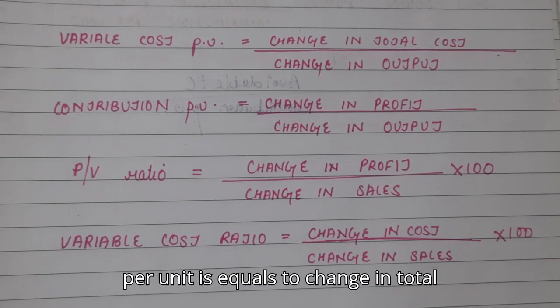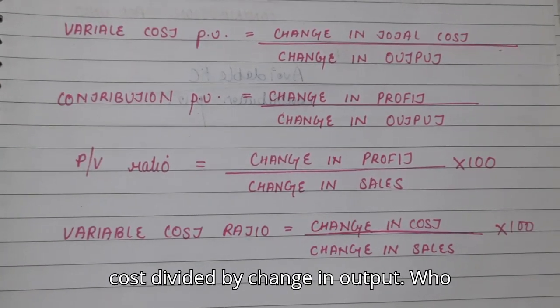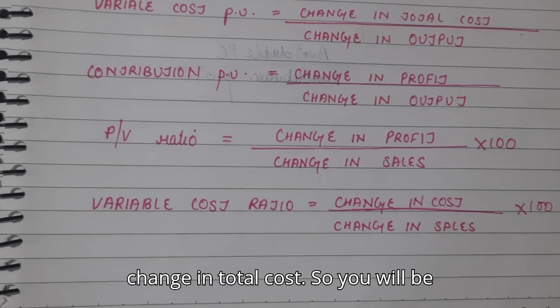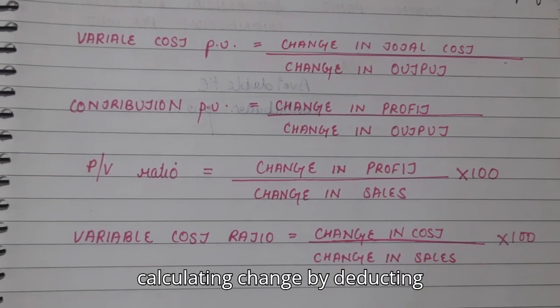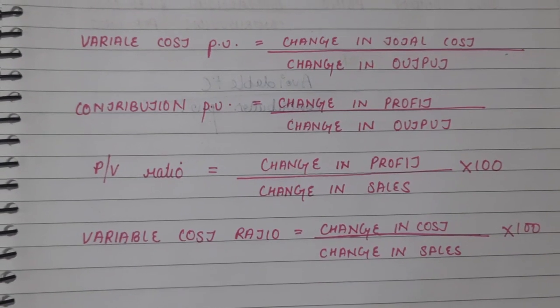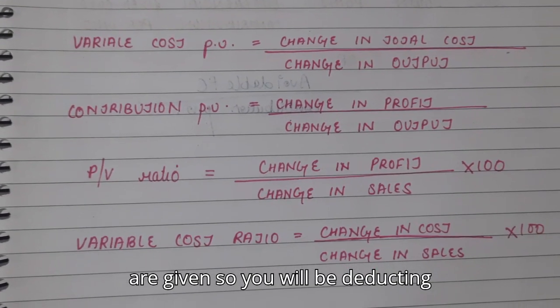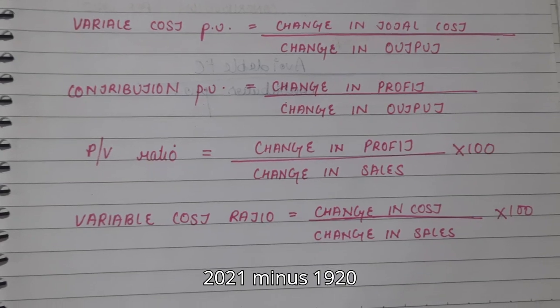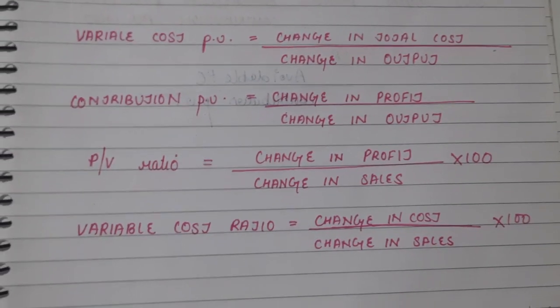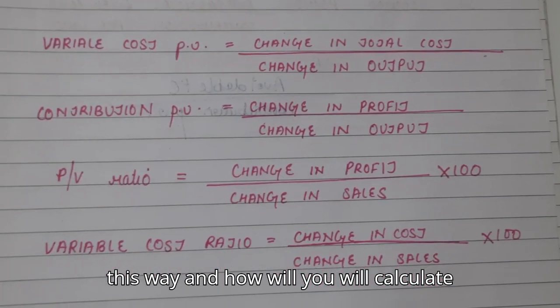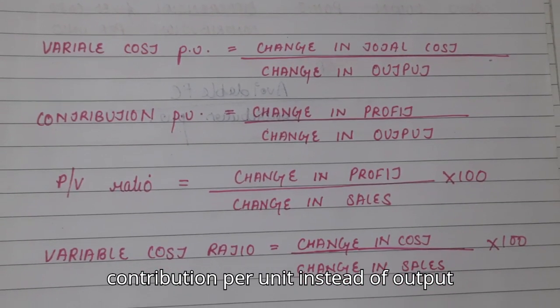Variable cost per unit is equal to change in total cost divided by change in output. You calculate change by deducting, suppose here 1920 and 2021 are given, so you will deduct 2021 minus 1920, like current year minus previous year. And how will you calculate contribution per unit?